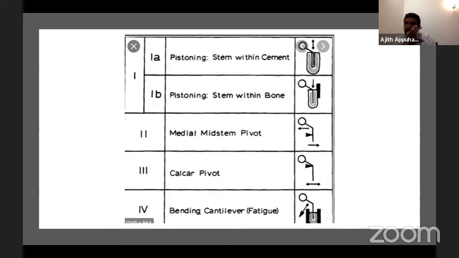Due to inadequate support from the supromedial part, that means less cement, and inadequate support from the inferolateral part of the cement and bone. So there is a high chance of fracture of the bone cement at the mid portion of the stem.